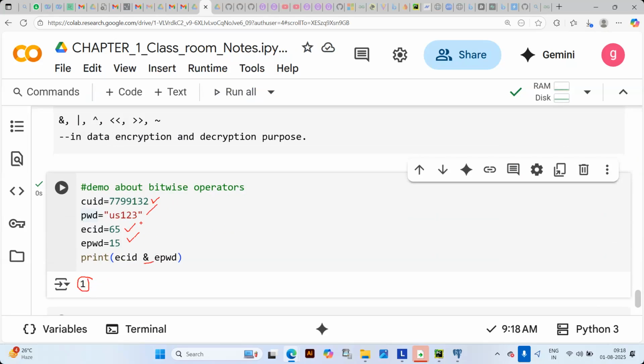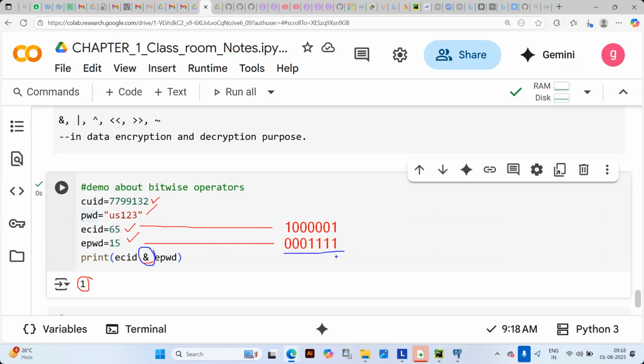How does it happen? Bitwise operators work at the binary bit level. I'm taking the binary equivalent of 65, which is 1000001, and 15 will be 0001111. Now if we perform the bitwise AND operation, what happens here?